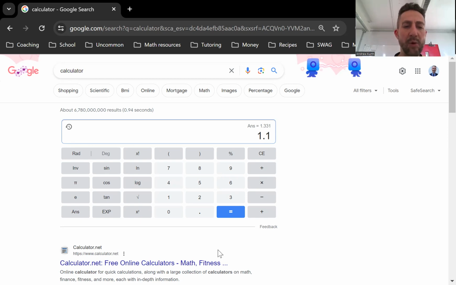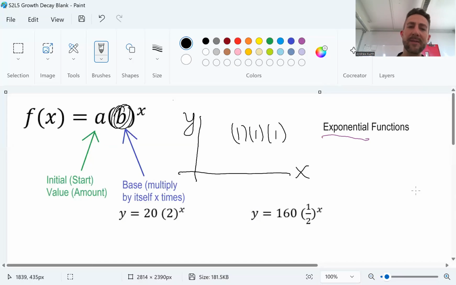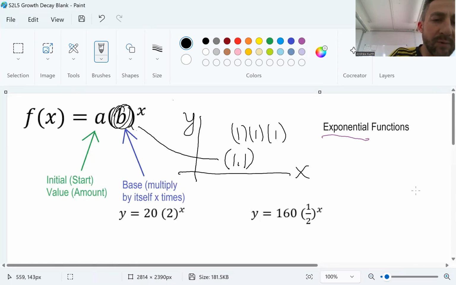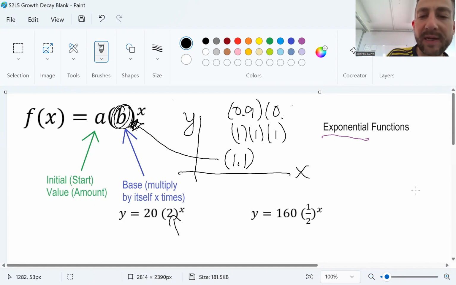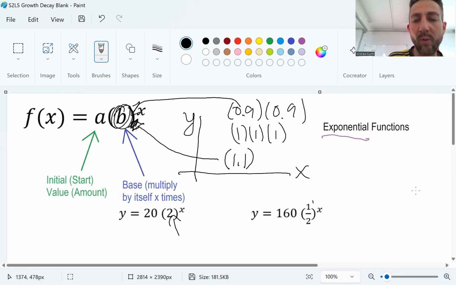So that's the last point to understand in the introduction to exponential functions: if we get b greater than 1, like 1.1 or 1.05 or even 1.01, anything bigger than 1 or 2, we will get growth. On the other hand, if we have 0.9 as our base, any number less than 1, or 0.5 as our base, because it's less than 1, when we multiply it again and again, the value decreases and we get decay.